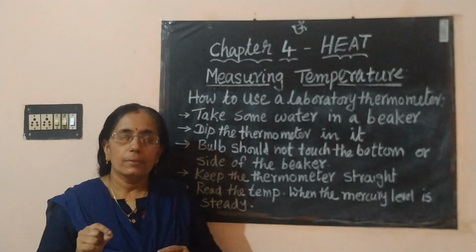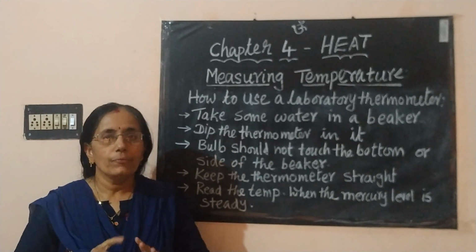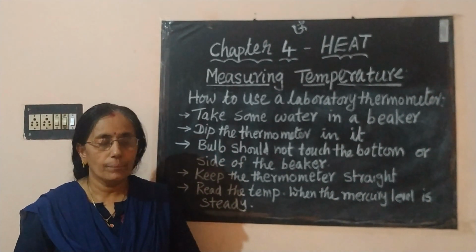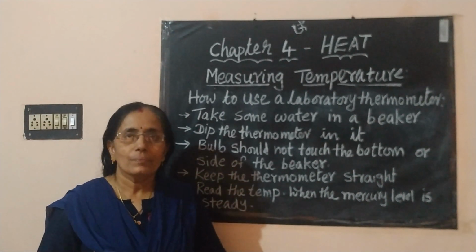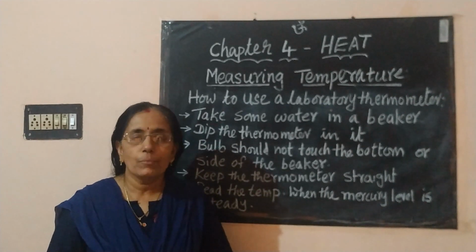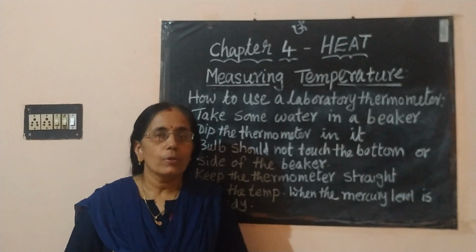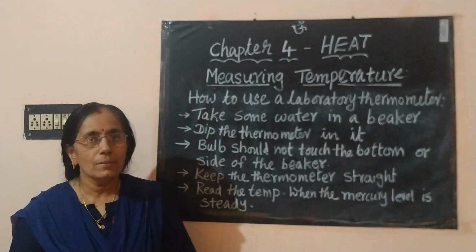If we take out the thermometer from the water, the mercury level will fall down and we won't get the correct reading. Here, one point we have to insist or refer is that a mercury thermometer or a laboratory thermometer cannot be used for measuring our body temperature. Can you say what is the reason?